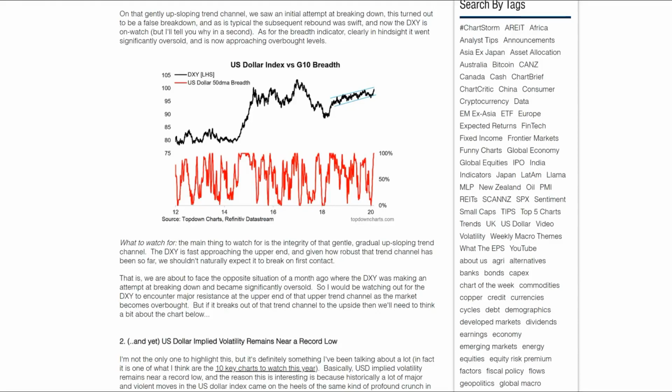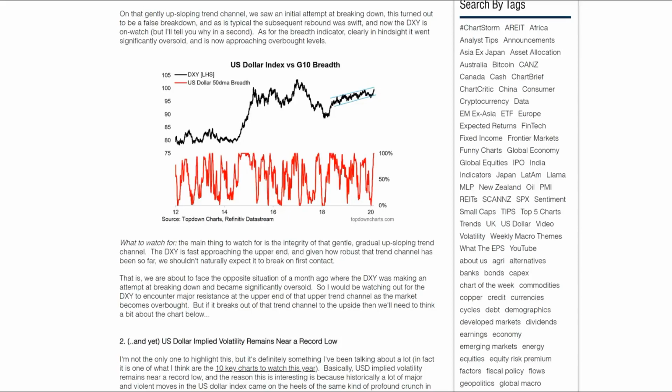We're about to face the opposite situation of a month ago, when the DXY was attempting to break down and became significantly oversold. So I would be watching for the DXY to encounter major resistance at the upper end of that trend channel as the market becomes overbought.